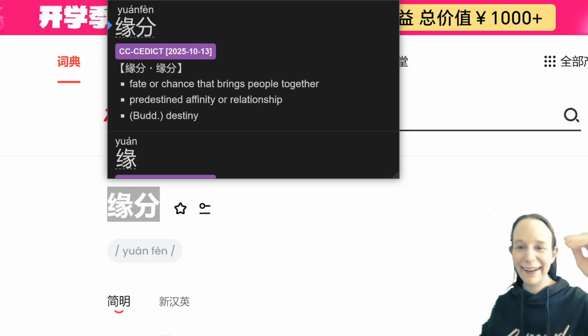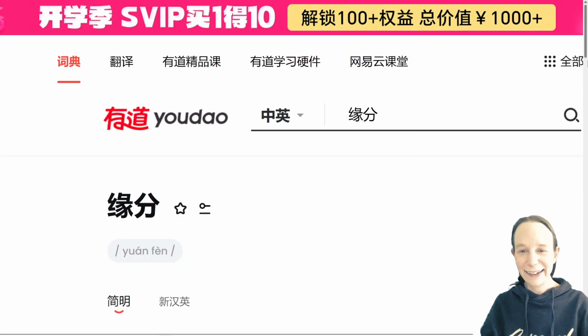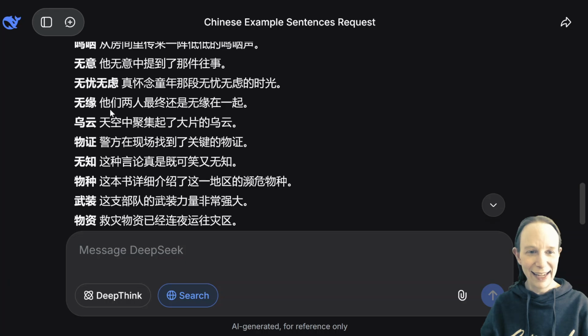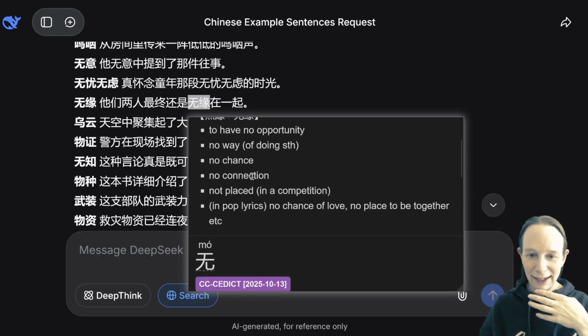But maybe they don't have 缘分, like in the AI's example, 最终还是无缘在一起. So they don't have fate, so you know, 分手了. Superstitious. Okay. So 无缘.